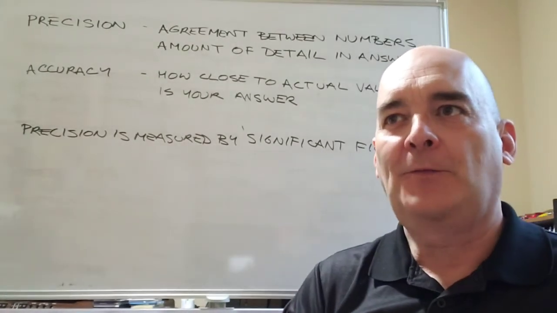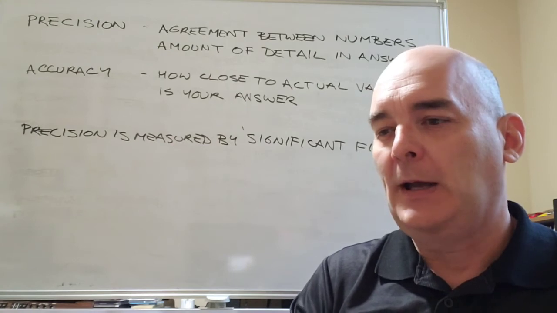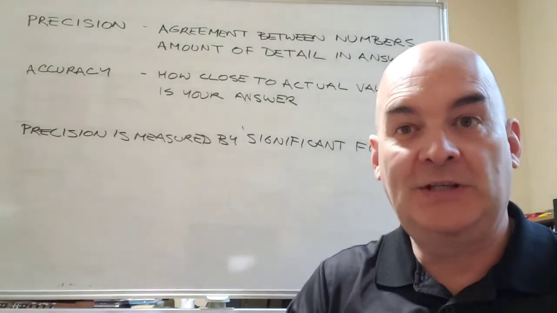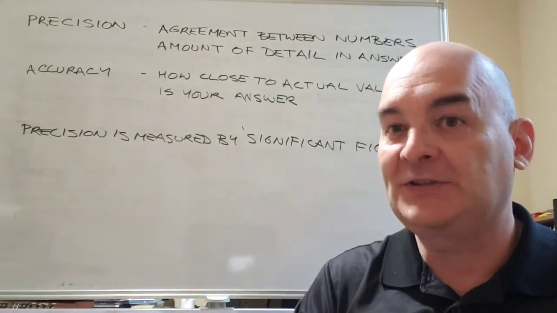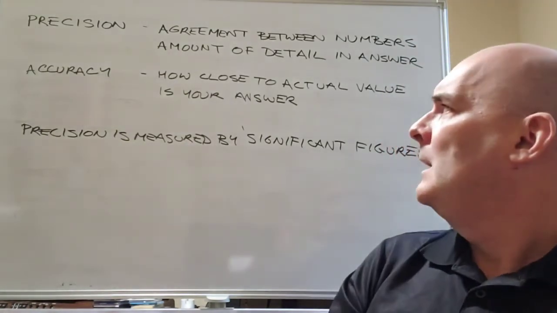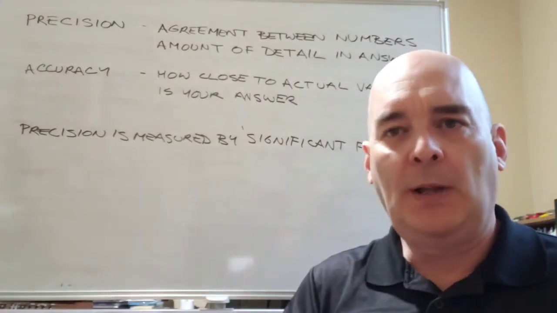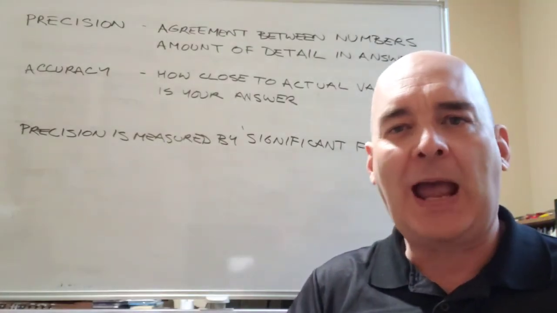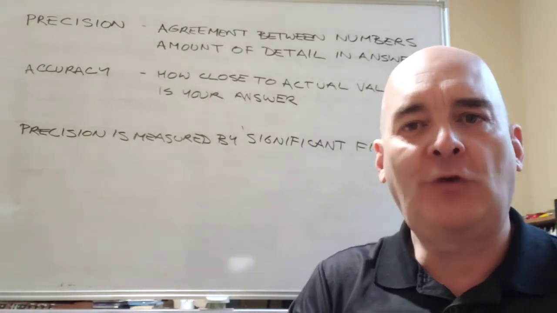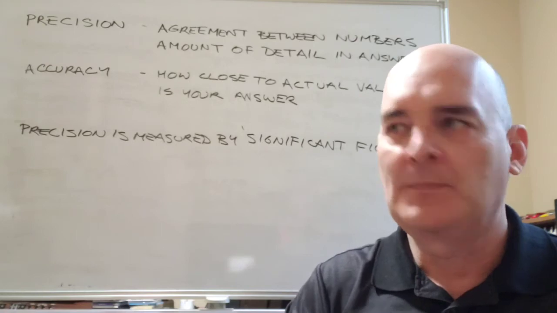So for measurements, we'd be looking for answers that have lots of digits in them. If they have lots of digits that have all been measured, then you have high precision. Another way of defining what precision is, if you take multiple measurements, is how in agreement are your answers.